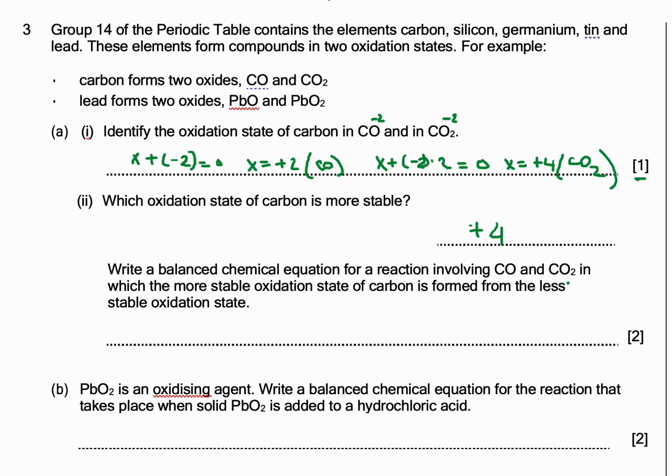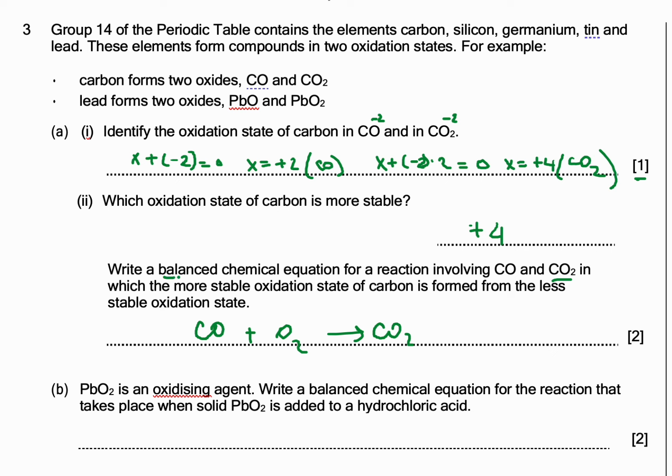So the more stable is carbon dioxide, so it will be on the product side. And the less stable is carbon monoxide. So what we need is to add oxygen. When we add oxygen, we get carbon dioxide. So we need to balance this reaction.